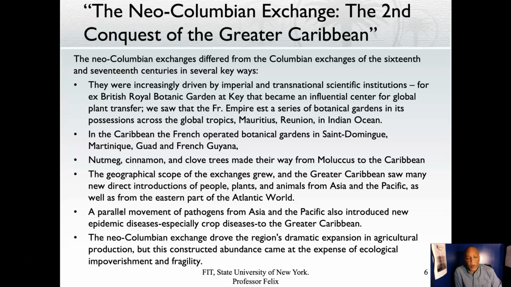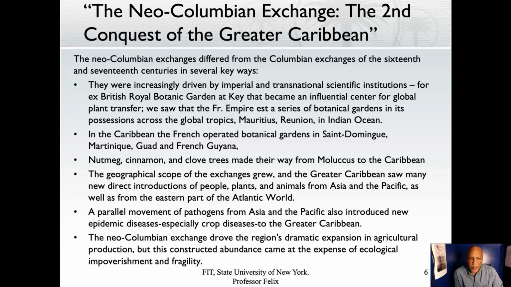All right, one of the things we realized with globalization, and I'm looking at my time because I don't want this to be very long, is that in the Neo-Columbian Exchange, which I also call globalization, these European empires created industries to develop higher yielding plant species, and factories to do that kind of experiment.